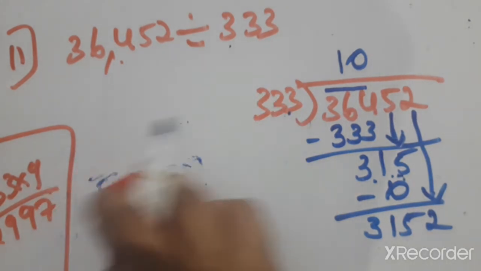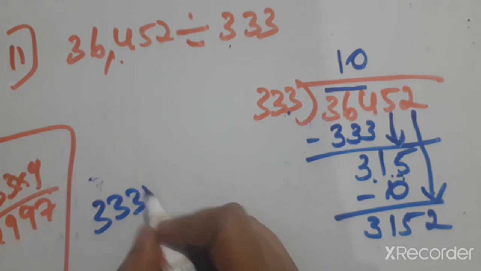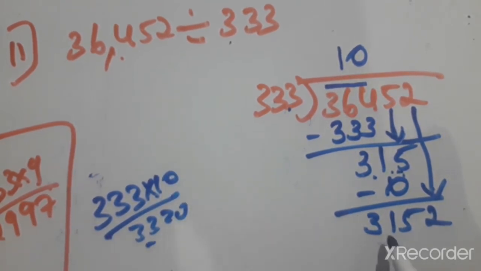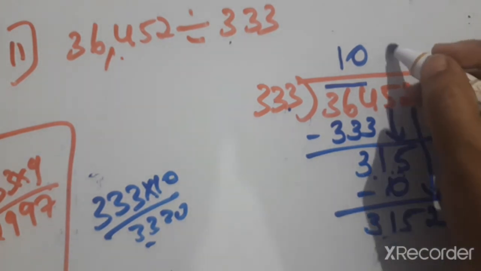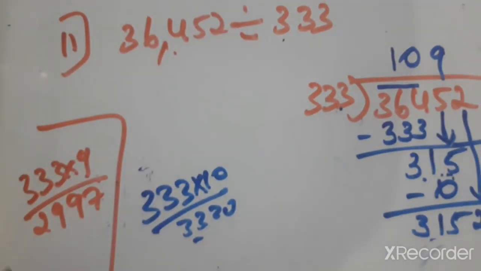3,152. So 333 tens is 3,330. 3,330 is greater than this number. So the nearest is 9 only. 333 nines is 2,997. That is the nearest one.